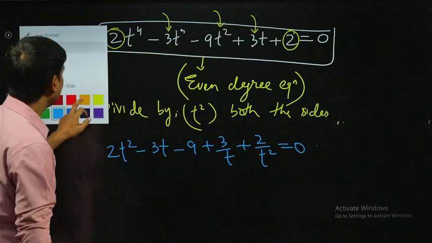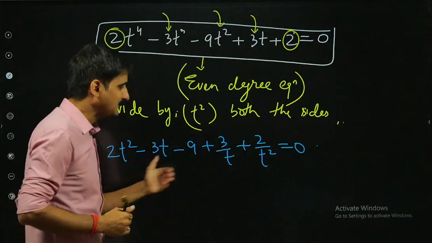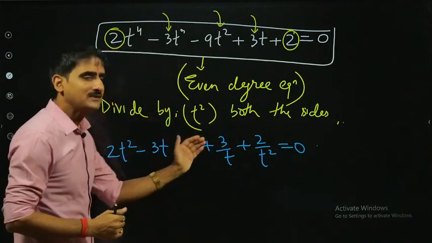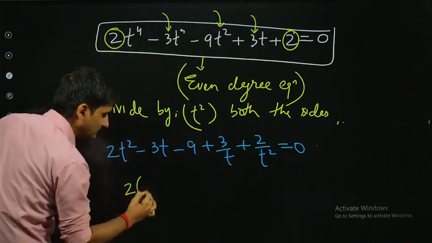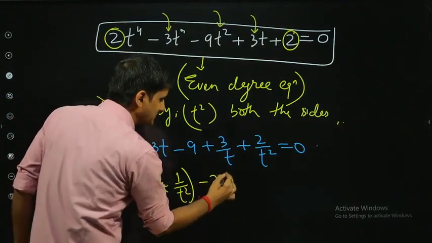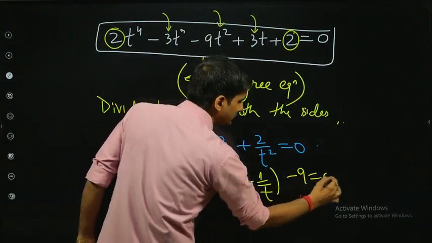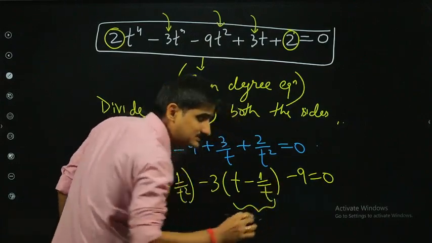Now I will be collecting the terms which are similar in degree, like t squared here, 1 by t squared here, t here, 1 by t here. So 2t squared plus 1 by t squared minus 3t minus 1 by t minus 9 equal to 0. Now this term actually holds the key.